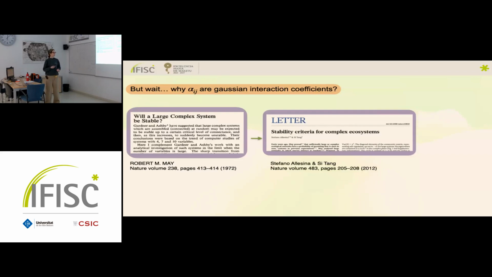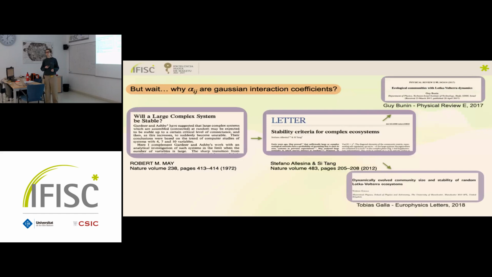Lastly, the two contributions I want to talk about for this theory are the contribution from Guy Bunin in 2017 and the contribution from Tobias Galla in 2018. What Guy Bunin did is that, up until this moment, people just analyzed the system in the stable phase, and he asked himself, okay, but why stop at the stable phase?